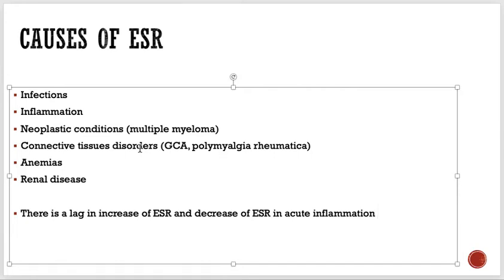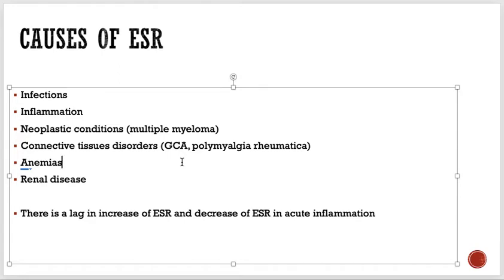So that's why we use ESR in diagnosis. By the way, if you're suspecting someone has temporal arteritis or giant cell arteritis, this is the first investigation we do. And if the ESR comes back really high, it's diagnostic of that condition. So that is very important. ESR we can use for diagnosis of different conditions.